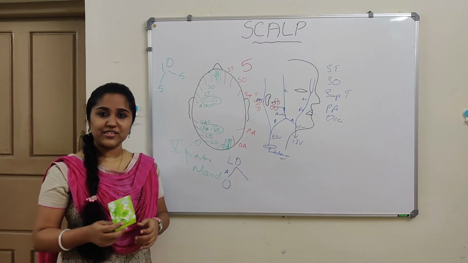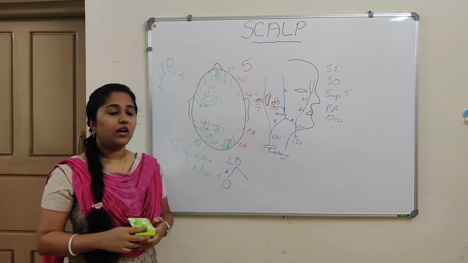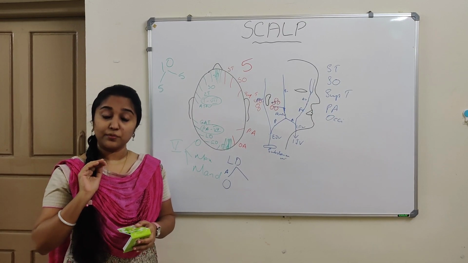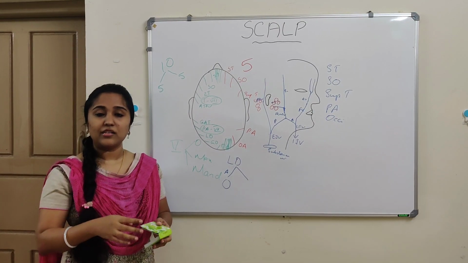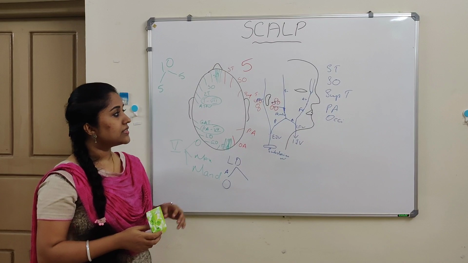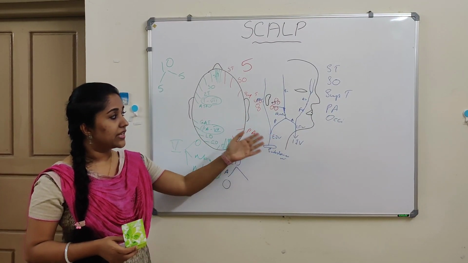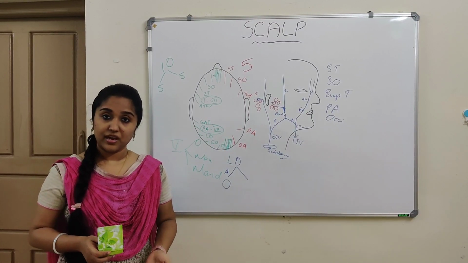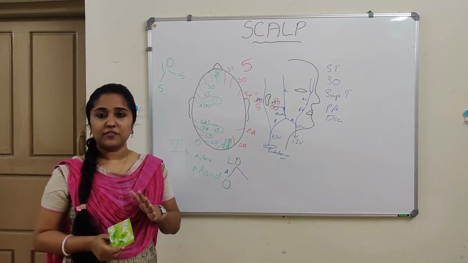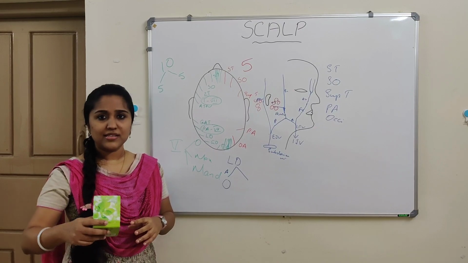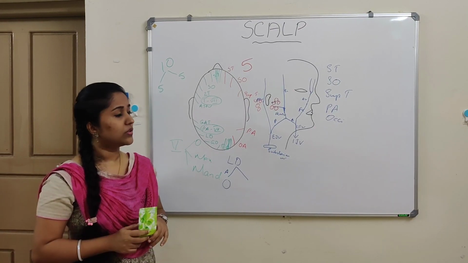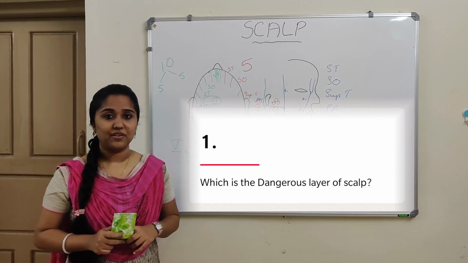Now, I would like to discuss some important questions. Scalp as such is a very important essay question, usually asked for 10 marks. And other than that, the nerve supply, arterial supply, venous drainage, all these diagrams are separately asked, and it's a common question for Viva. So, I'll discuss some of the questions. Which is the dangerous layer of the scalp?